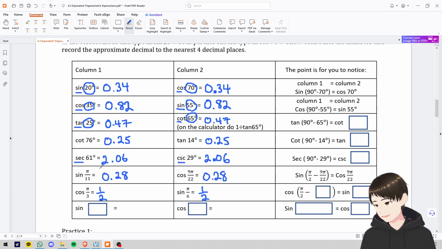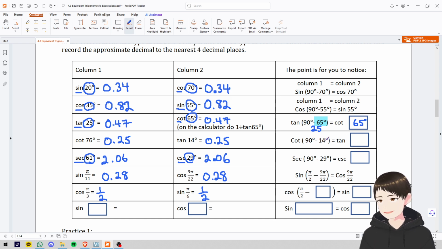Secant, cosecant, 61 plus 29, that's 90. So we can establish, if I have some angle, in this case tangent, right? Tangent of 90 minus 65, tangent of 25, is equal to the number that we subtracted from 90, cotangent of 65.